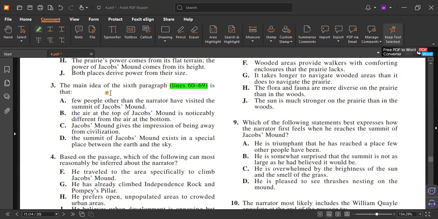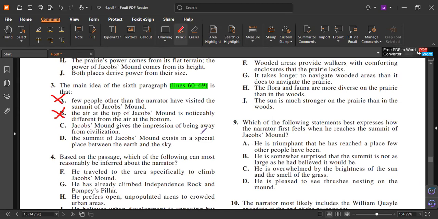Do we have any idea about where people other than the narrator have visited? But we're not talking about the number of people. So the main focus is not about the number of people visiting there. And the area on the top is different from the area at the bottom. The main point is not about the comparison between the top and the bottom, so it's not about the big difference.